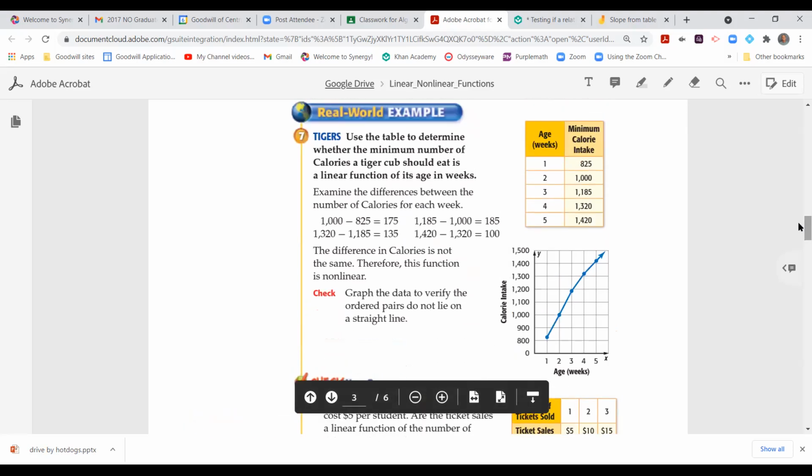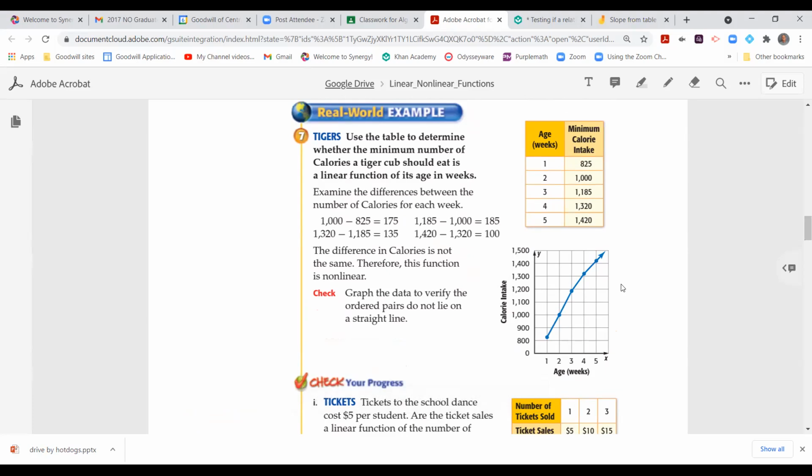So there's some other examples in here. If you look at problem number 7, it talks about tigers. It says use the table to determine whether the minimum number of calories a tiger cub should eat is a linear function of its age in weeks.